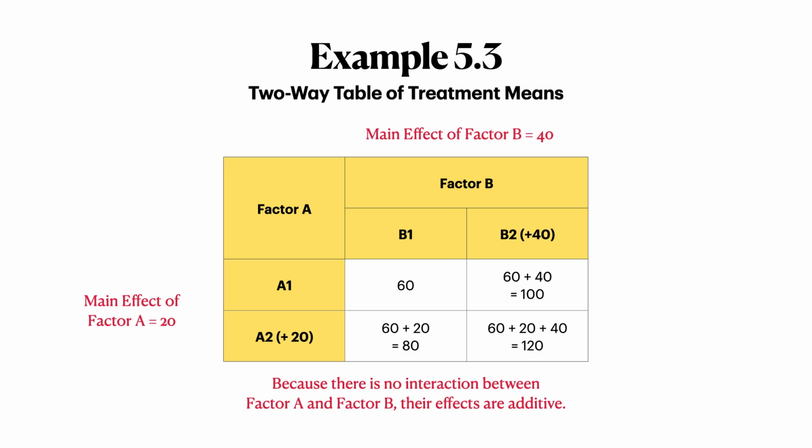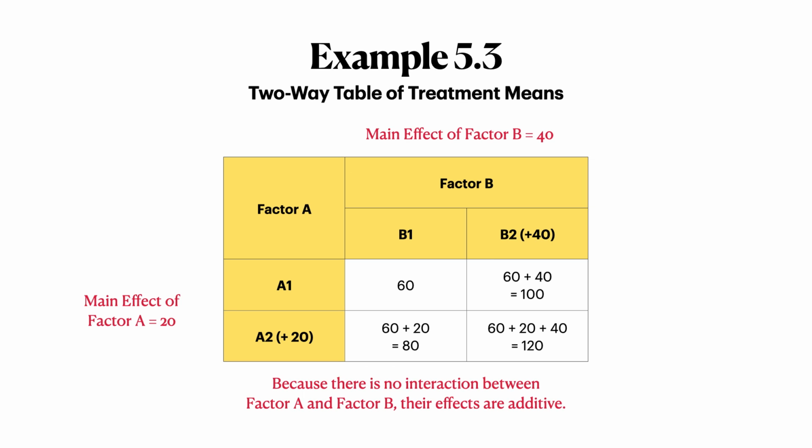Well, that works out. If we go back to the cell for A1B1, and again, that treatment combination mean is 60, and we go down from level A1 to level A2, the main effect of factor A is 20. And so if the factors are additive, then the mean for that cell, A2B1, ought to be 60 plus 20. Well, it is, because we know that that treatment mean was 80.